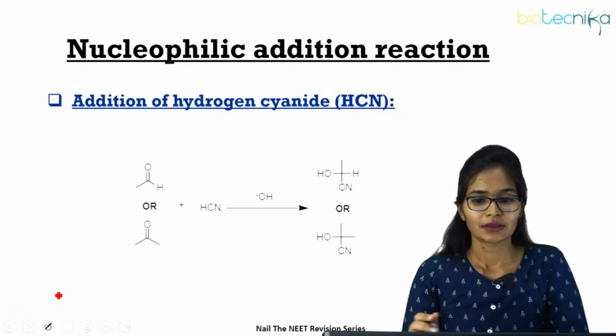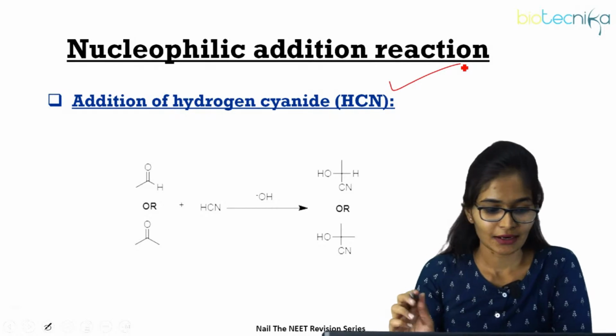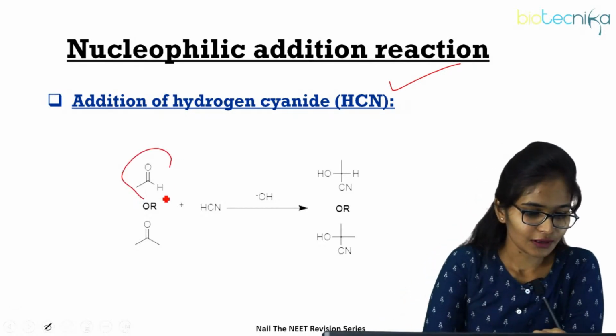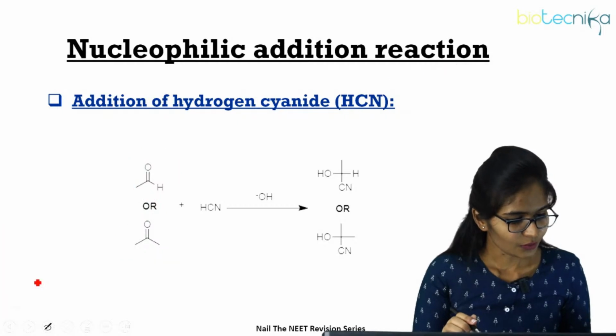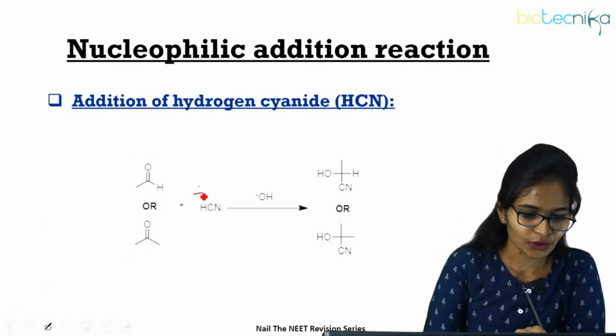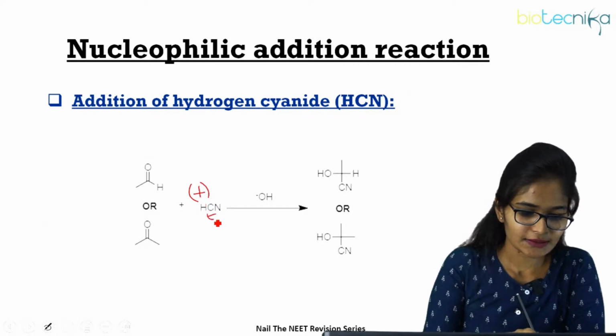The first example is addition of hydrogen cyanide. You have an aldehyde and also a ketone. Treat with HCN; it splits into H+ and CN-.